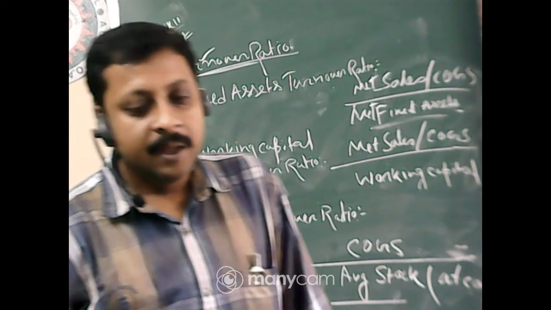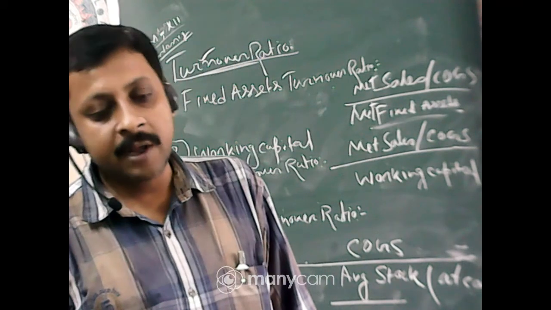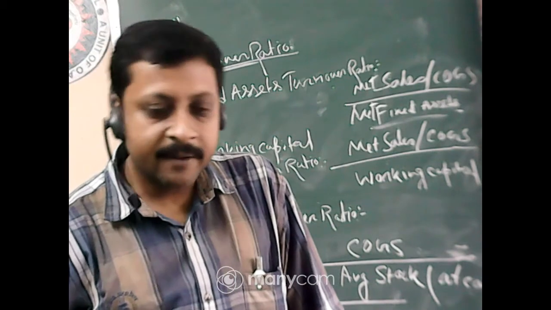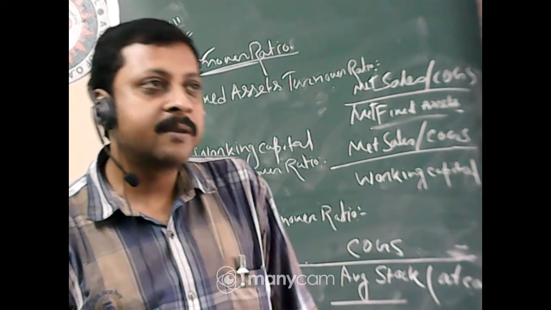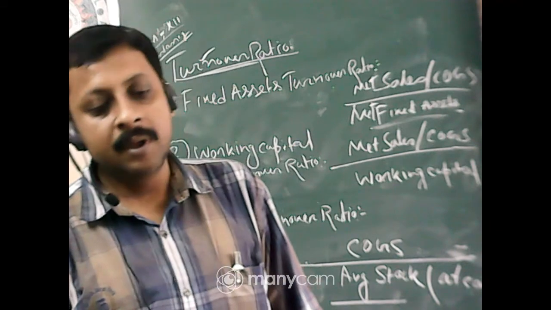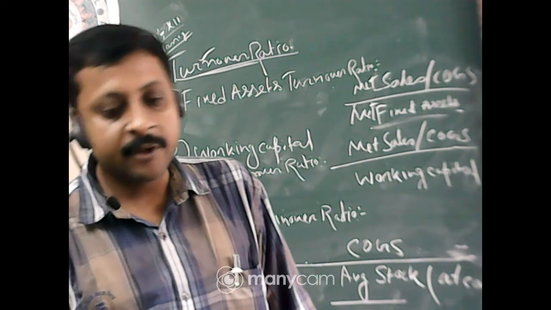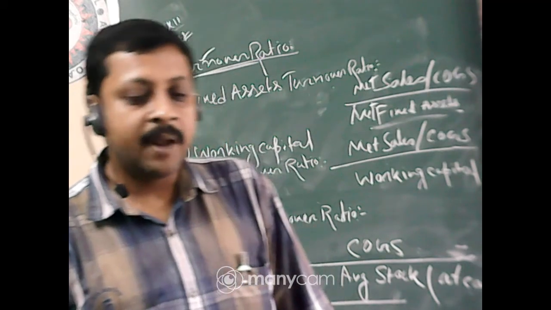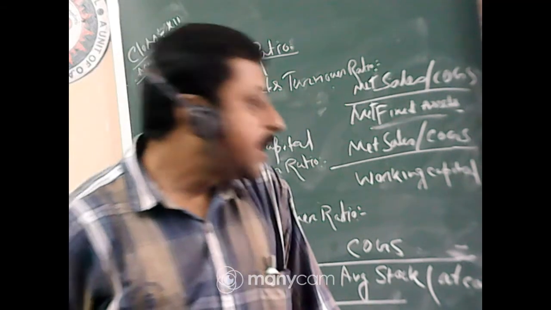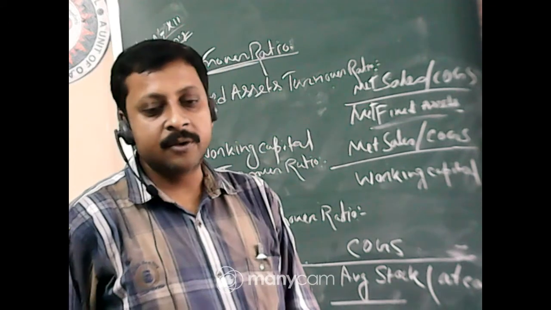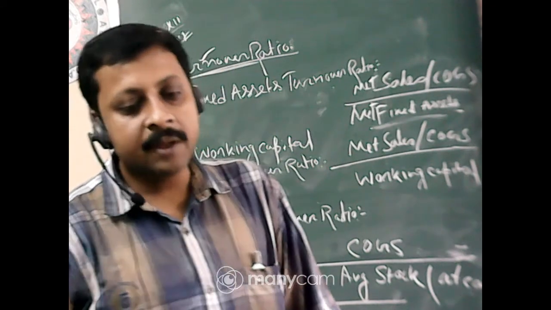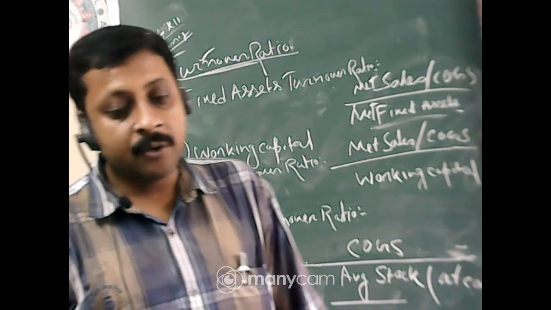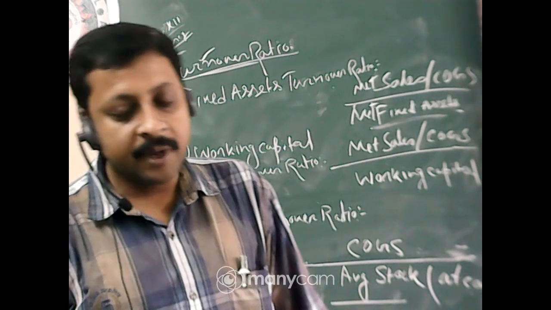Cash comes one time in your final accounts, bank comes one time, machinery comes one time, but stock comes two times, in the trading account and also in your balance sheet. There is an opening stock and a closing stock, so you have to take the average of opening stock and closing stock.